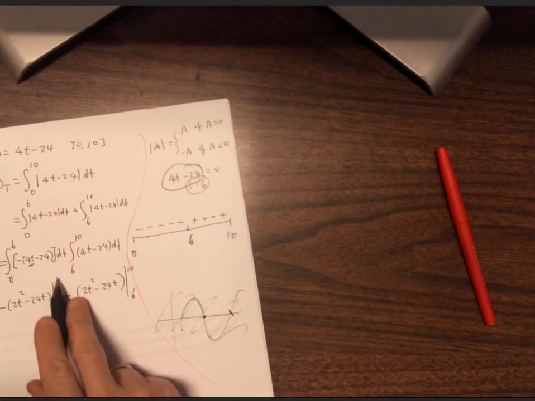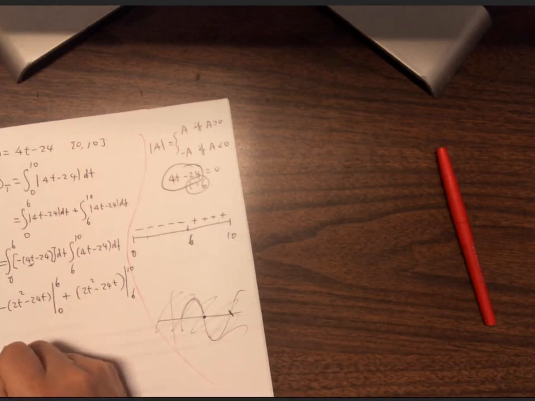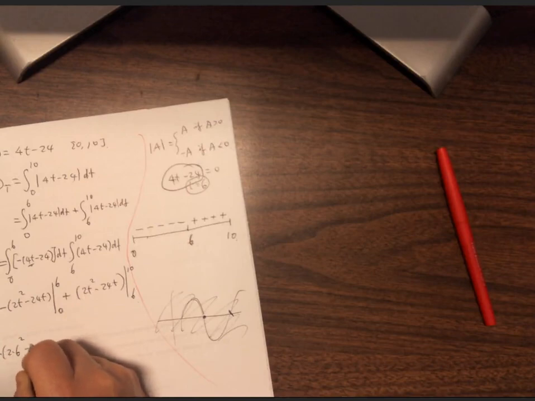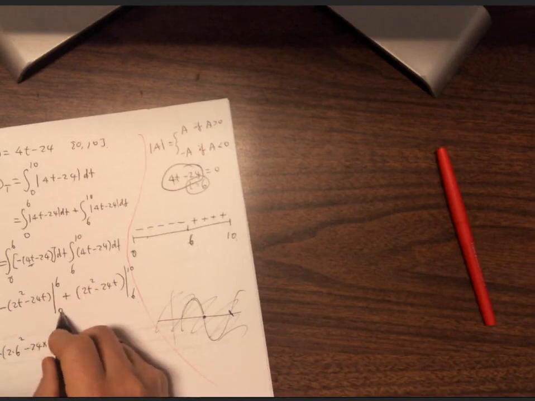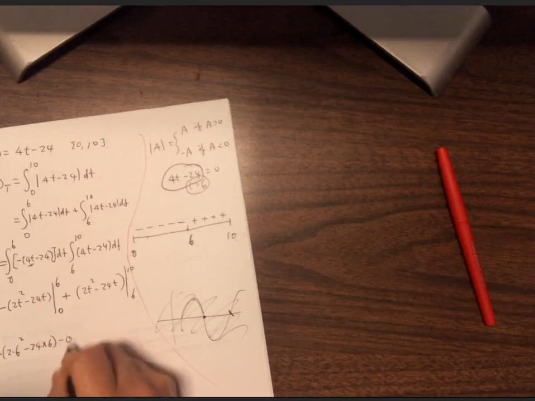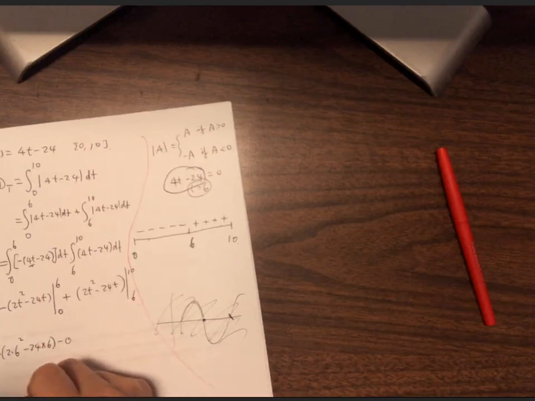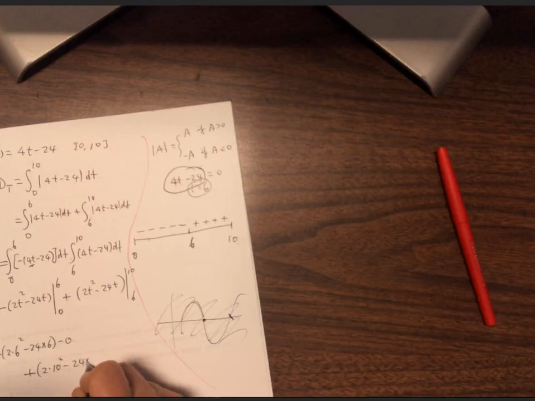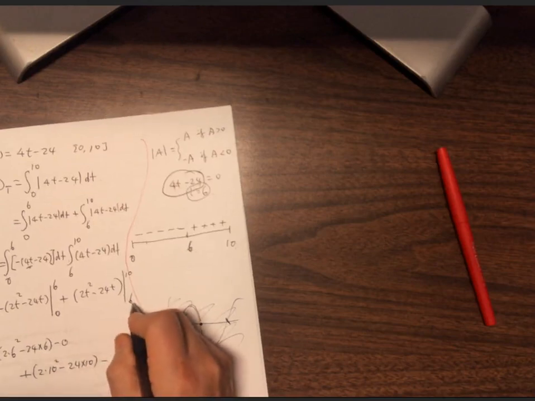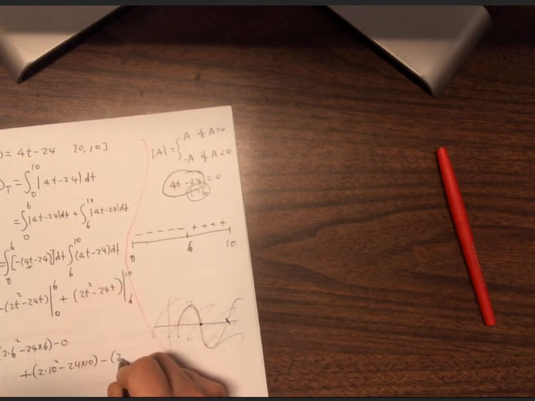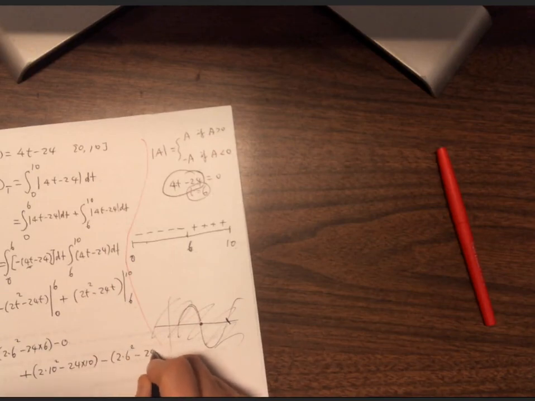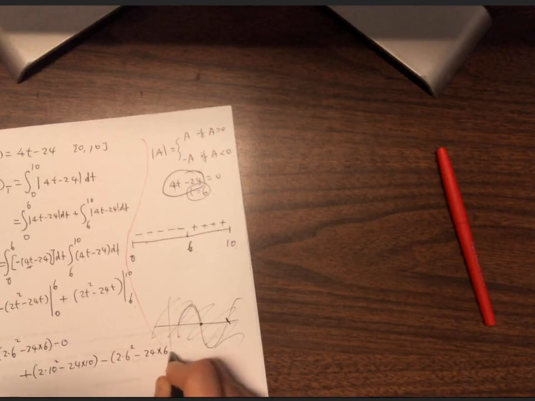For the first one, you plug in 6, you get 2 times 6 squared minus 24 times 6. Plugging in 0 gives just 0. The second one is more complicated. You plug in 10, 2 times 10 squared minus 24 times 10, minus the value at 6, which is not 0 this time: 2 times 6 squared minus 24 times 6.